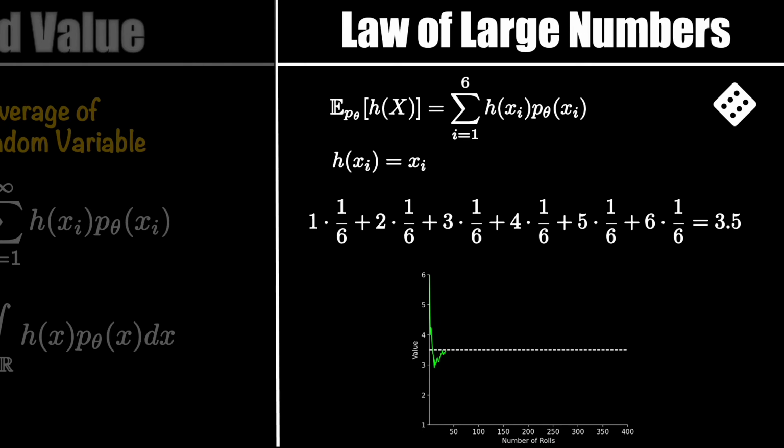This plot is showing that as the number of rolls of the dice is increased, the running average starts to match the theoretical value of 3.5. The theoretical value of 3.5 in this plot is shown using the dashed horizontal line. So essentially, if you can sample from your distribution, you have a way to get the expected value without computing the integrals.